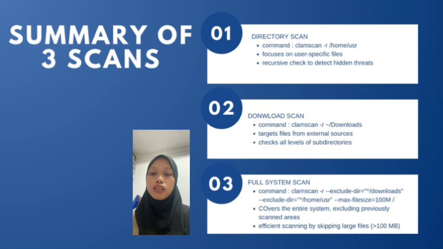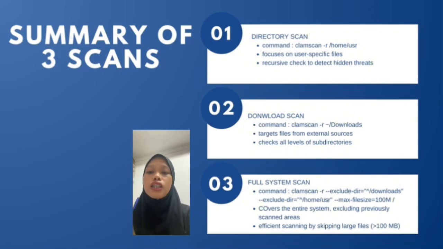In the command we use, the max file size is 100 MB, so files larger than 100 MB are skipped to improve efficiency, though such files may require a separate targeted scan if necessary. This comprehensive approach ensures that even deeply hidden malware in the system binaries or configuration files is detected.